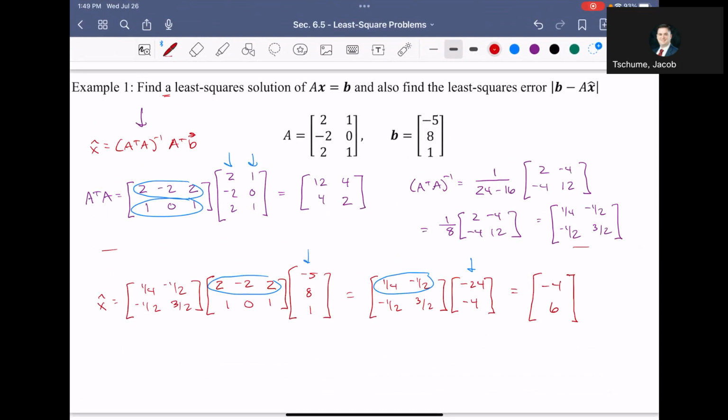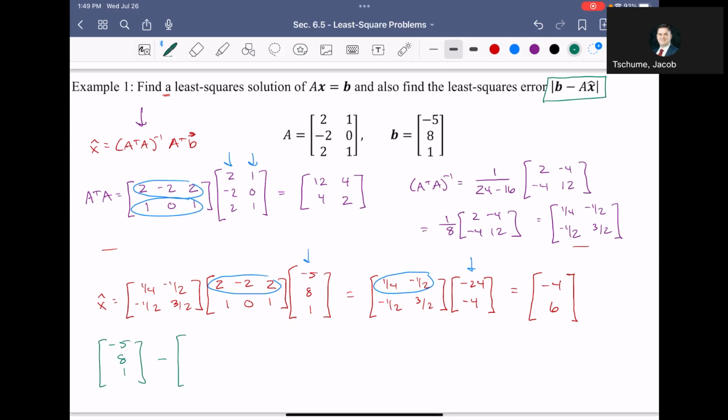So now we want to find the least squares error, which means we are going to take the magnitude of b minus A x hat. So I first need to compute what is b minus A x hat, and then I'm going to find its magnitude. So in this case, b is going to be -5, 8, 1, and I'm going to subtract from that my matrix A times the x hat we just found, and let's see what we get.